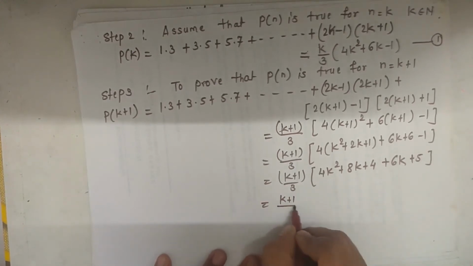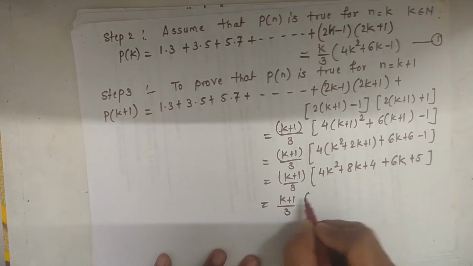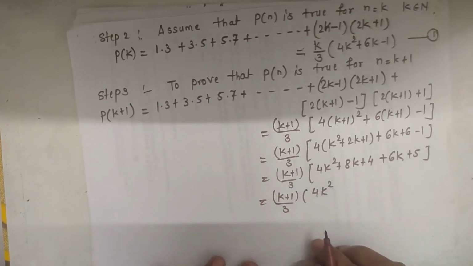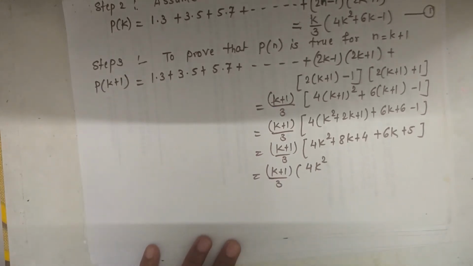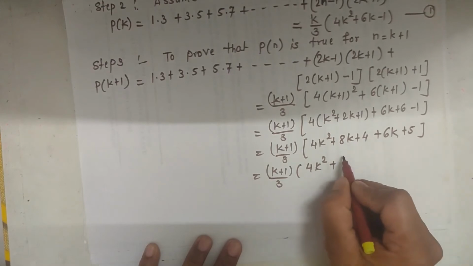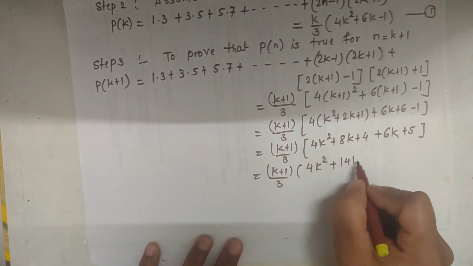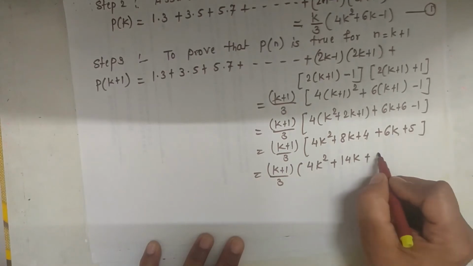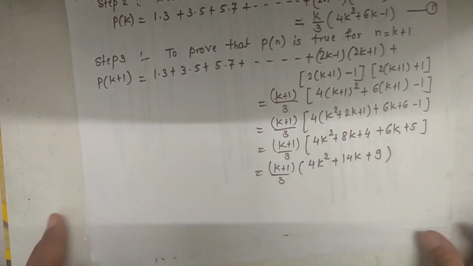Again calculating this, 4k square as it is plus 8k plus 6k, that is 14k, plus 4 plus 5, that is 9.